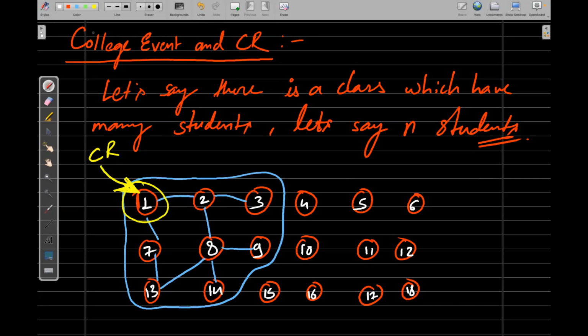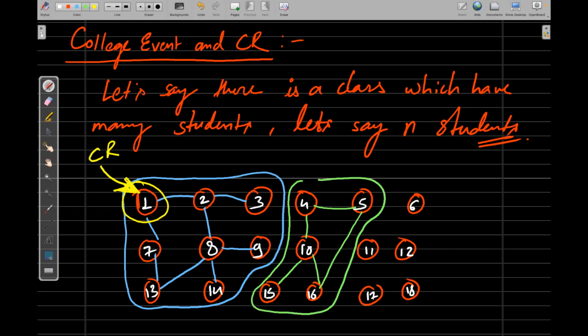Similarly, if I were to say these people 4, 10, 15, 5, 16, these people are another group of friends. So what will happen is this CR will pick any one person of this group and tell it.